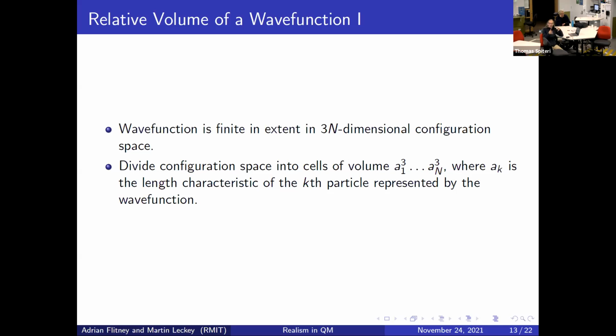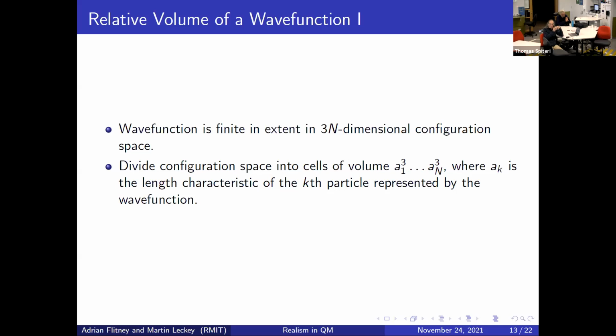If I have an n particle system, then my configuration space has 3n dimensions. So this is, if you like, the space that the wave function is living in. And I'm going to divide that 3n-dimensional configuration space into unit cells. And here I'm allowing the cell size to depend upon the particles.